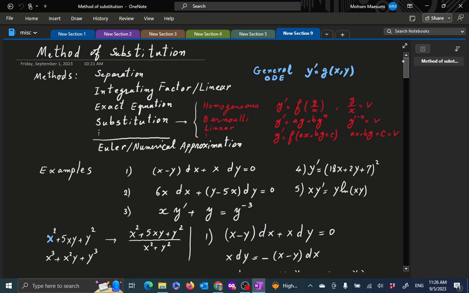And then we said, well, we must be very fortunate that the equation that we are solving fall into these categories, that they are like homogeneous or Bernoulli or linear or something, that we can make a substitution and make the method work, and I get an exact solution.